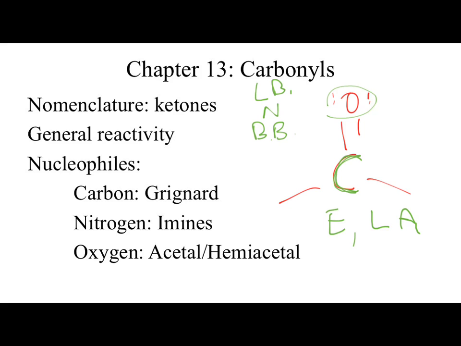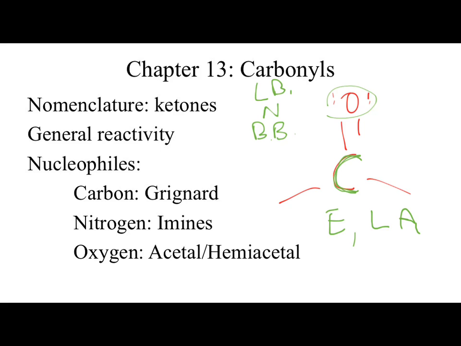Okay? All possibilities. When we looked over the reactivity of our carbonyls, we were primarily concerned with the reactivity of the carbon as an electrophile, because oxygen is highly electronegative. It doesn't really want to share those electrons. We can force it to go out and do that, but it's fairly a temporary reaction. So our carbon is going to be a much more permanent reactive position to go for.